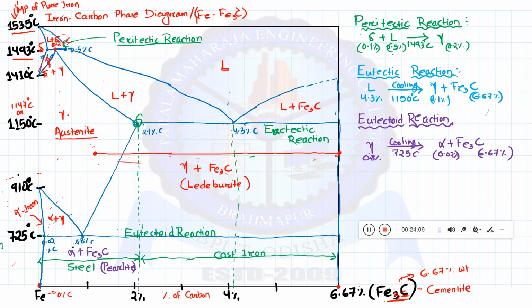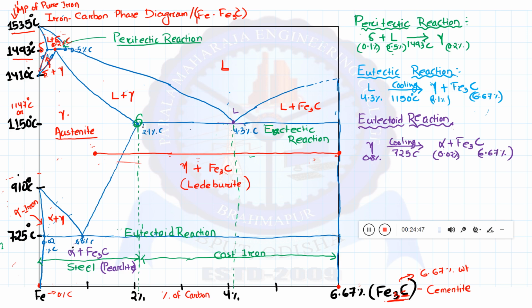Basically, these take place whenever we are talking about a complete iron carbon phase diagram. Some other information I must tell you: already I have told you that 2.1 percentage of carbon is the boundary between the two major alloys, steel and cast iron. And as you can see in the cast iron part, at this horizontal line above 4.3 percentage of carbon we have liquid phase.